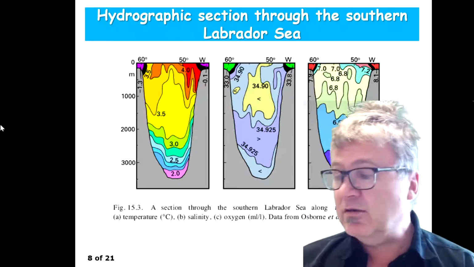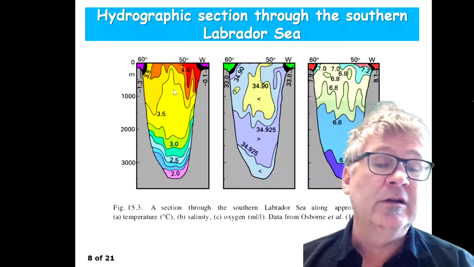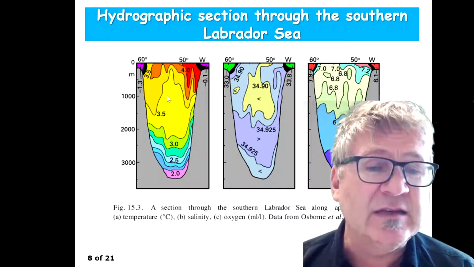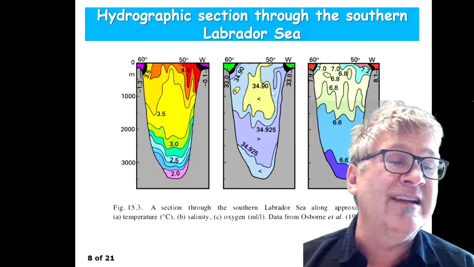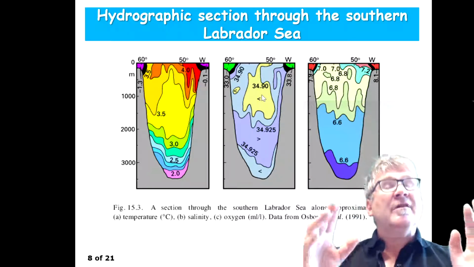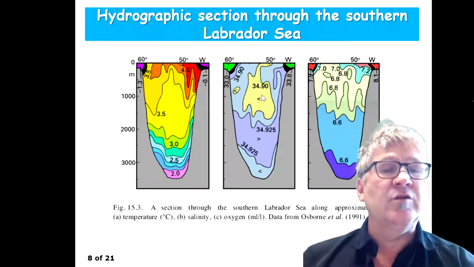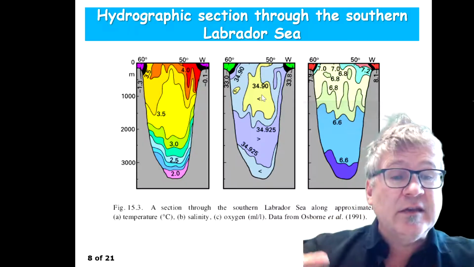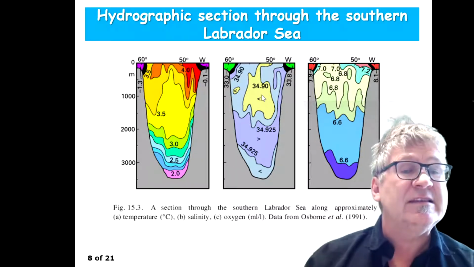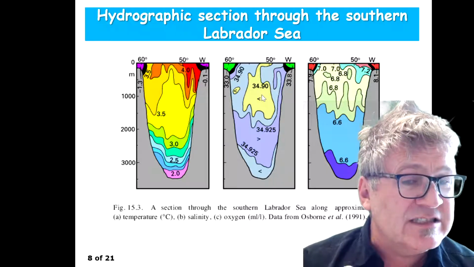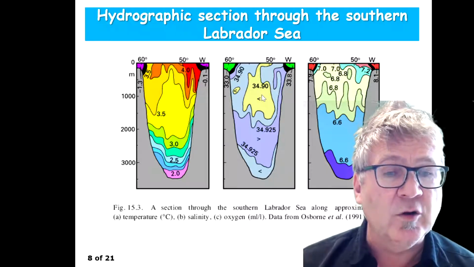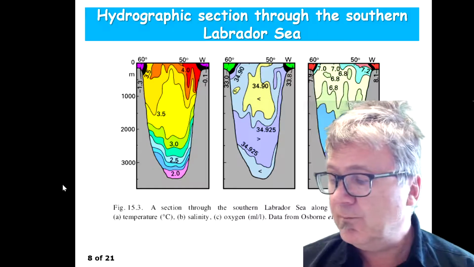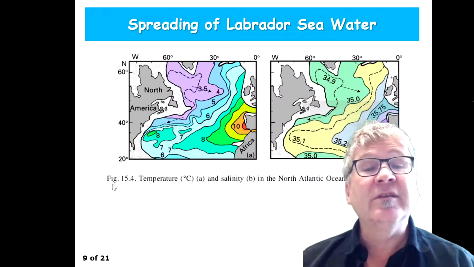Okay, you can see at 1,000 meters you have a temperature of 3.5 degrees and a salinity of 34.9. And now you can have a look at all observations that you have in the Atlantic Ocean at a depth of 1,000 meters horizontal. Let's see whether you can identify the spreading of this water. Where does it go? And this is shown here on the next slide.